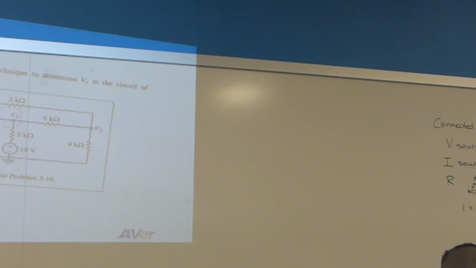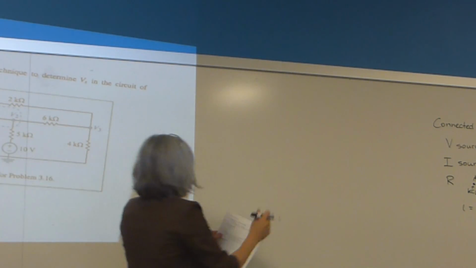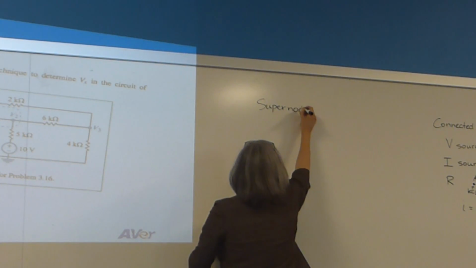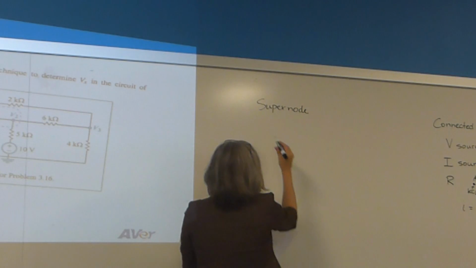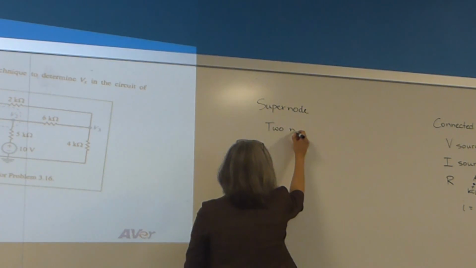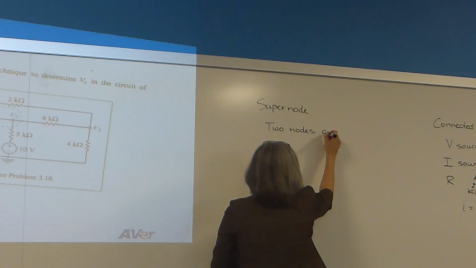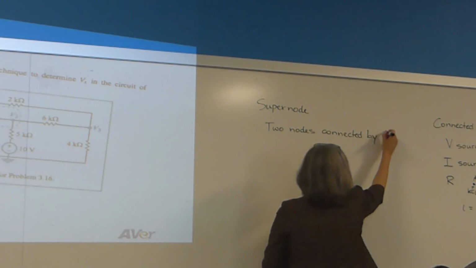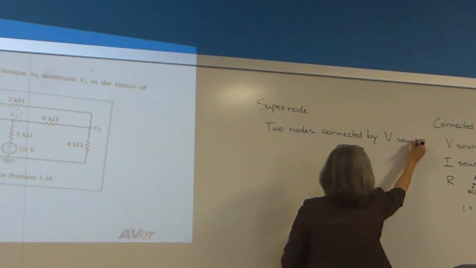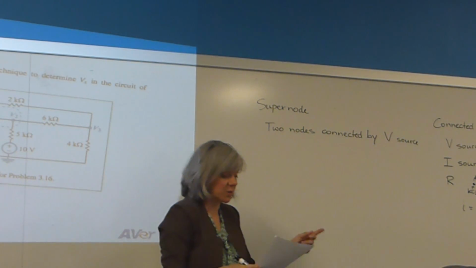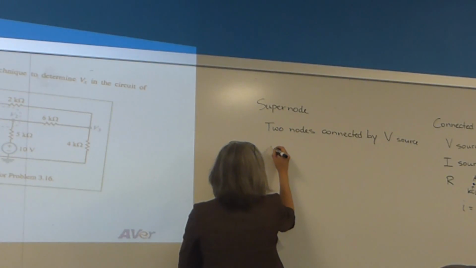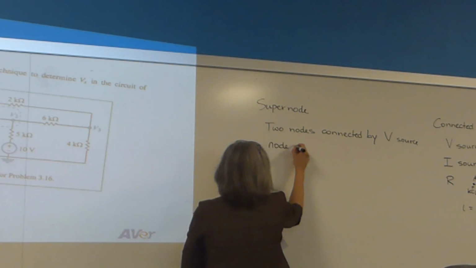So we call this a supernode. A supernode is anytime you have two extraordinary nodes connected by a voltage source. It means KCL is impossible at either one. So that means the node voltages are not independent.